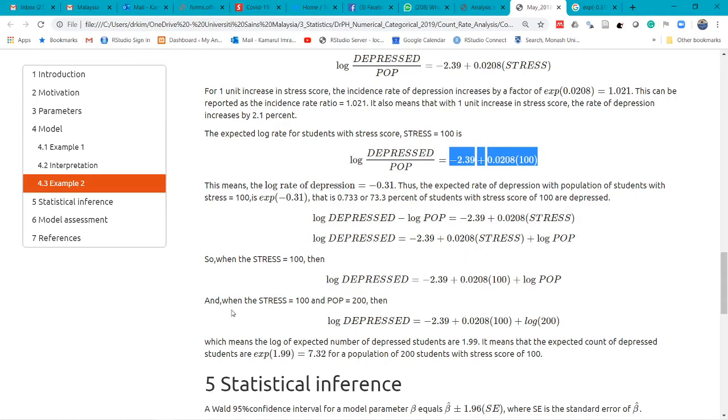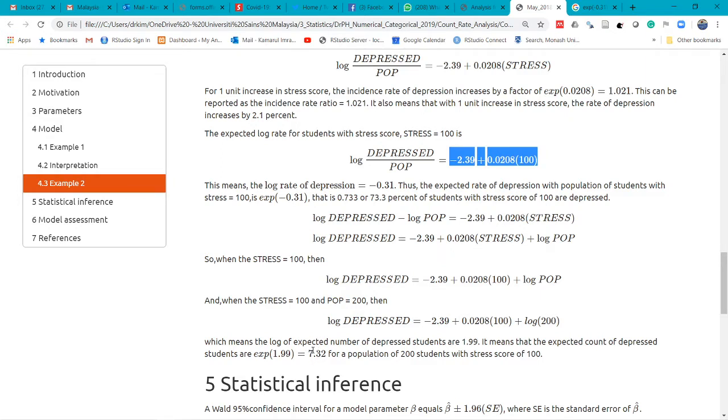And if you have a population of 200, you can plug it in here. So the log of the expected number of depressed students is 1.99. You just exponentiate this number, so you get 0.32.